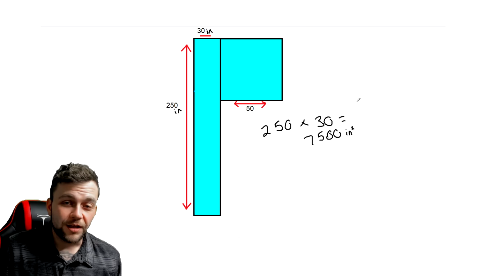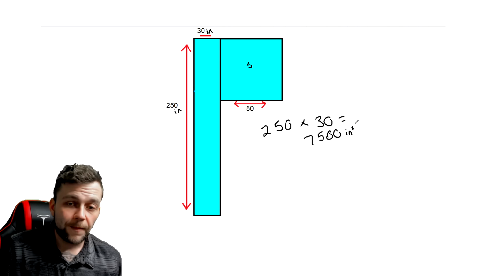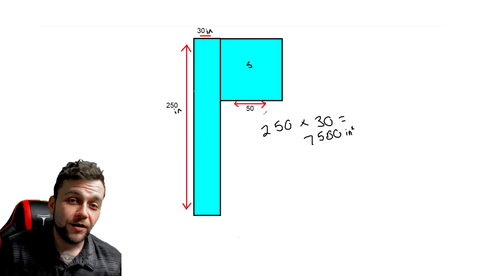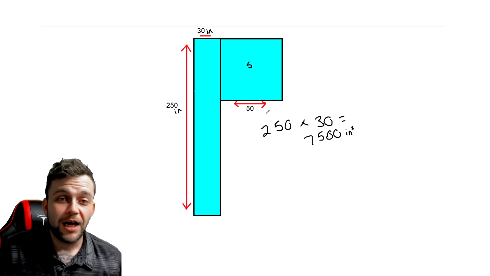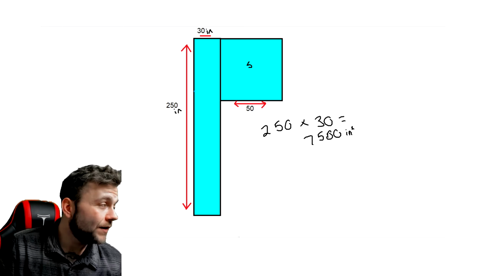Okay. Then the next part is this square that we have right here. So this square, which we are given one side of this square, and it's 50. So to find the area of the square is just side times side, or side squared. So 50 times 50. And we'll write that down.